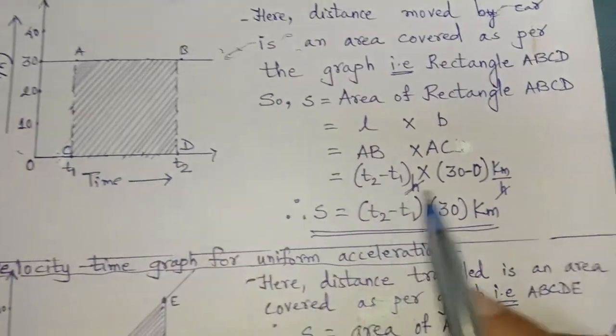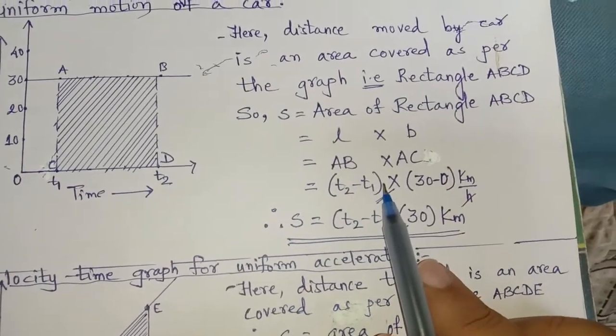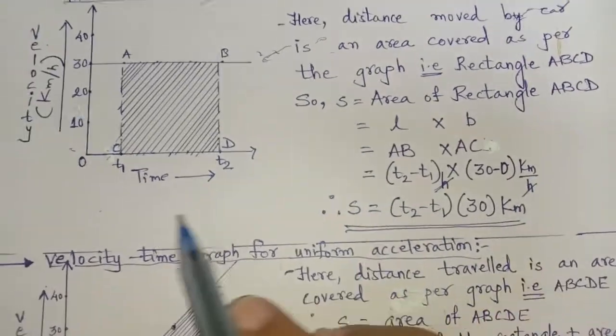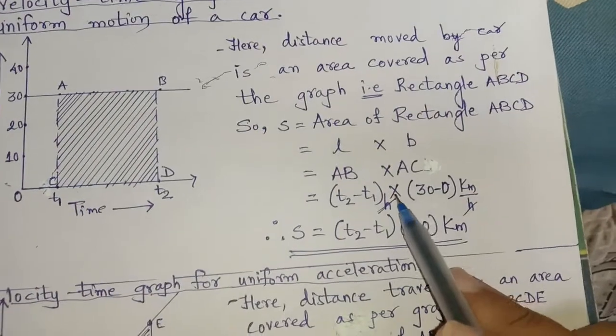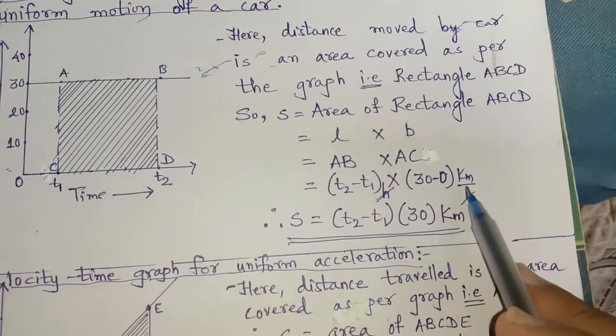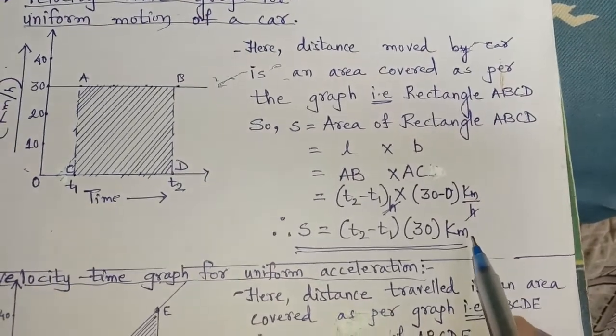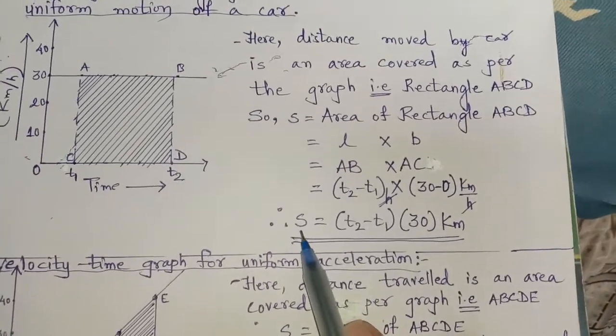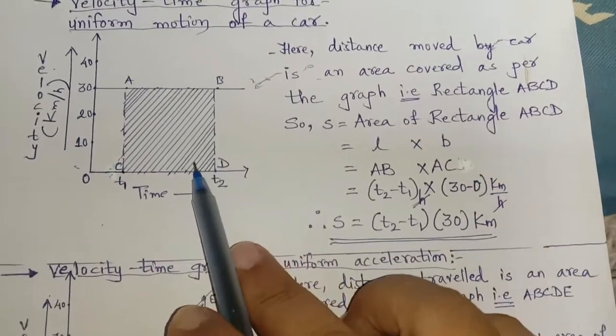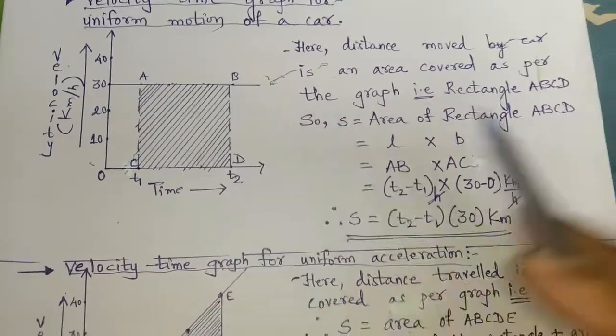Time is measured in hours and velocity is given in kilometres per hour. So hour cancels, we will get the answer in kilometres, and kilometre means the measurement of distance. So we will get the distance travelled with the help of the area of the given graph.